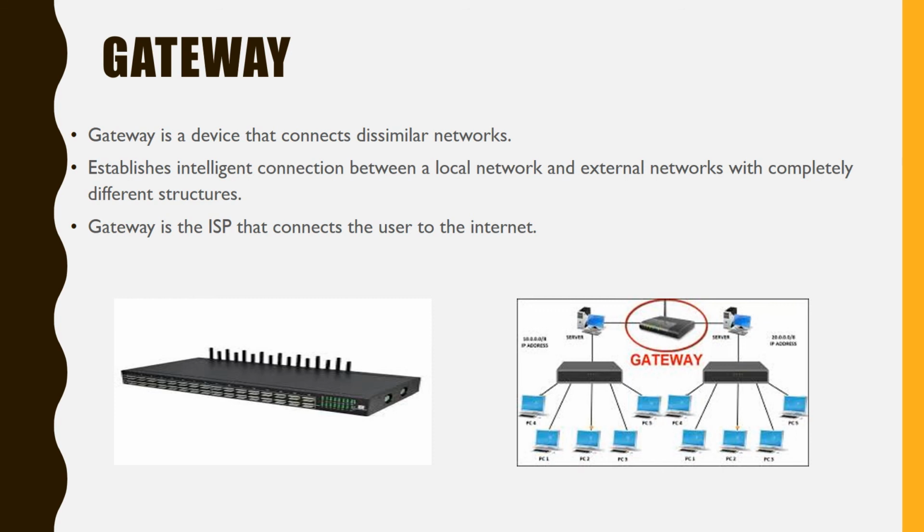The gateway is a device that is used to connect dissimilar networks. A LAN to a WAN is a different type of network, so there is a device known as a gateway which is used to connect these types of networks. It is an intelligent device which connects a local network or an individual computer to another type of network.